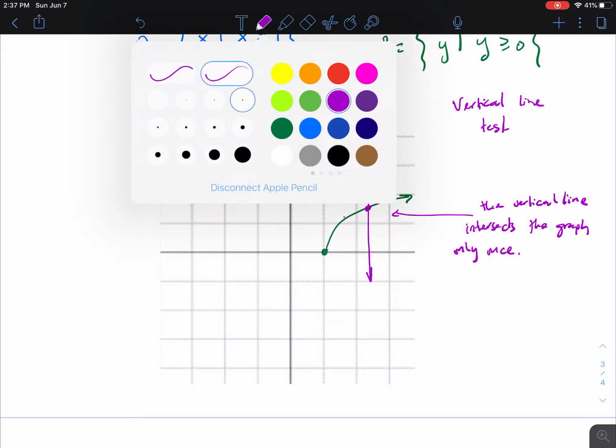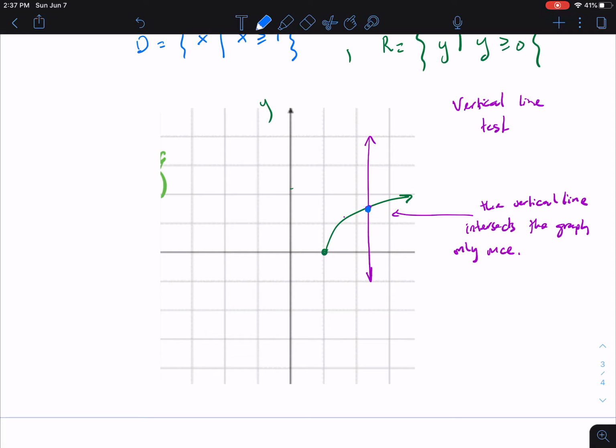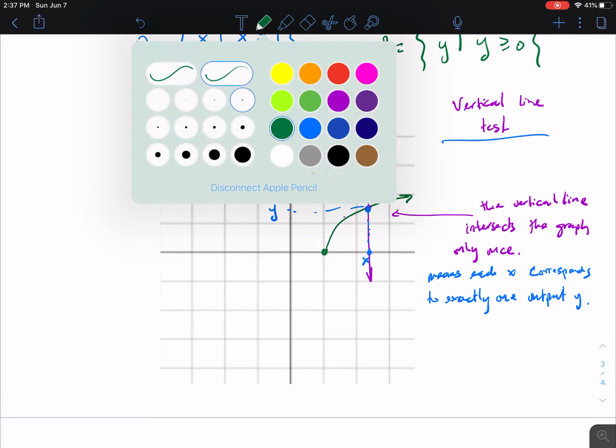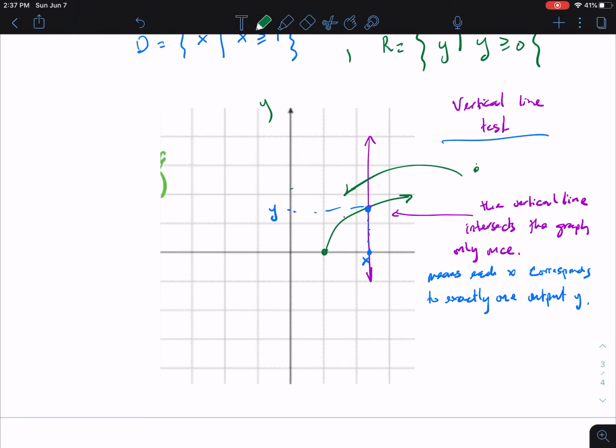It means that at this point there, this input x corresponds to one single output y. So that means each x relates or corresponds to exactly one output y. Okay. So in this case here, this graph here is a function.